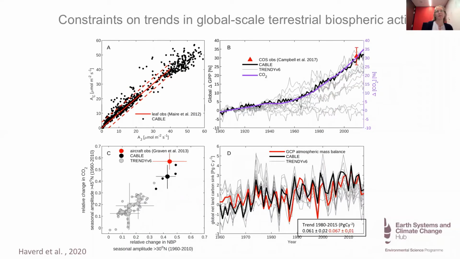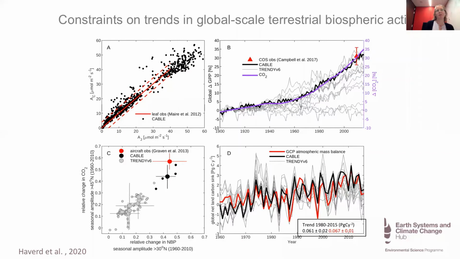Okay, so now just summarising the constraints we've used to get to the result that the CO2 fertilisation effect is higher than we previously thought. So we looked just a couple of slides back at the constraint imposed by coordination.